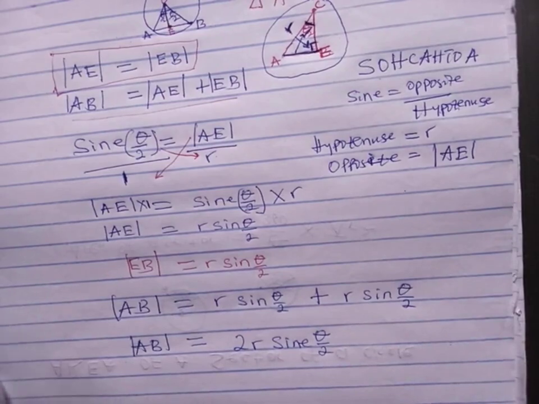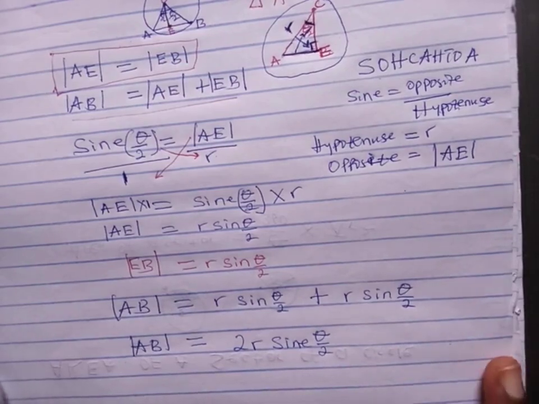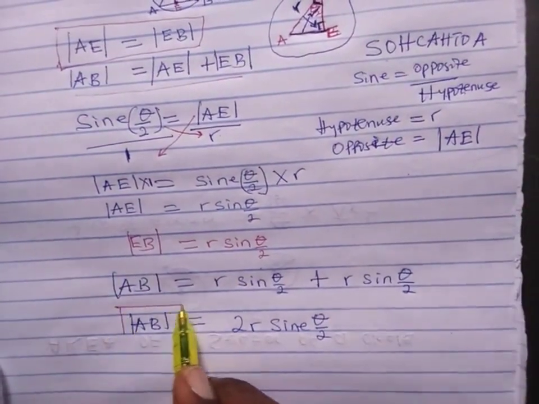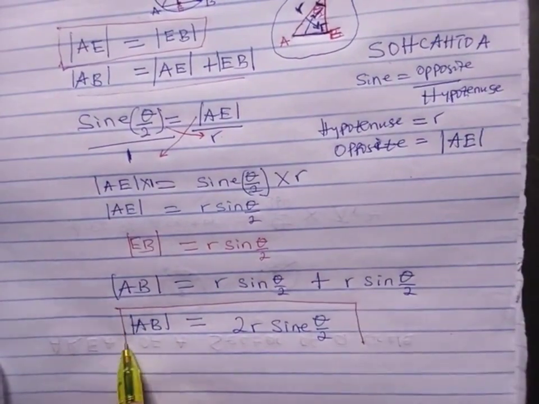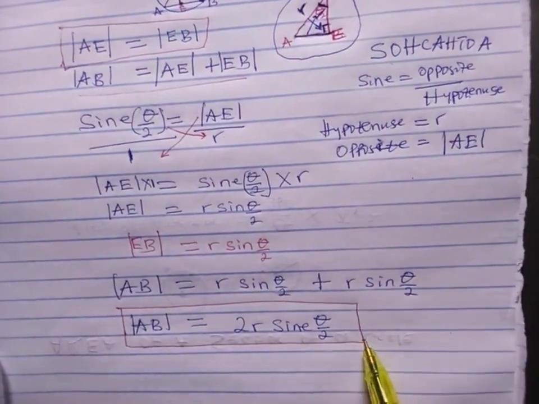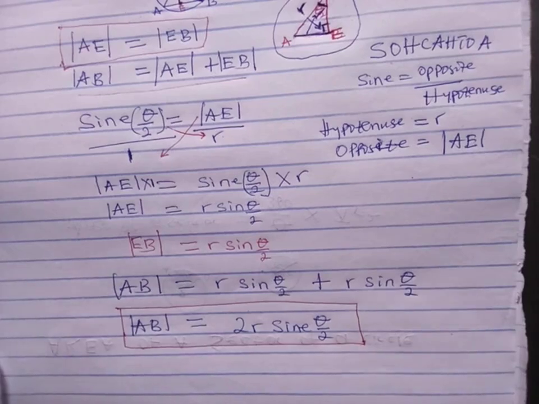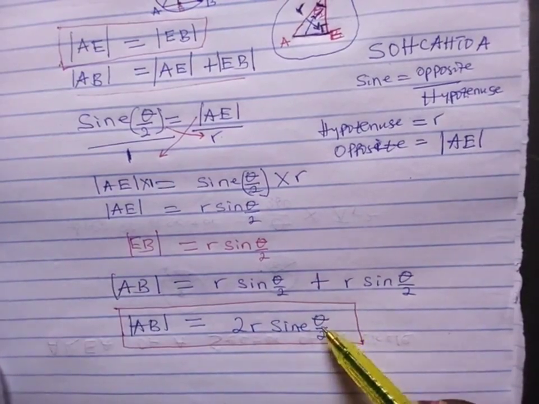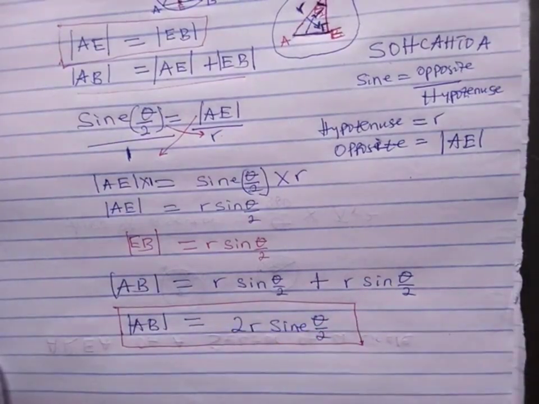So this is basically the formula for calculating the length of a chord of a circle. With this formula, you can calculate the length of a given chord once the radius is known and the included angle is known.